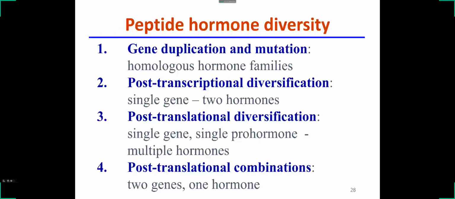We've talked about alternative splicing, the single gene and two hormones, where the spliceosome was piecing things together. We've talked about post-translational diversification, different processing by peptidases and exopeptidases to give us different ones from the same gene. And then we've talked about mixing and matching different genes together to make one hormone.